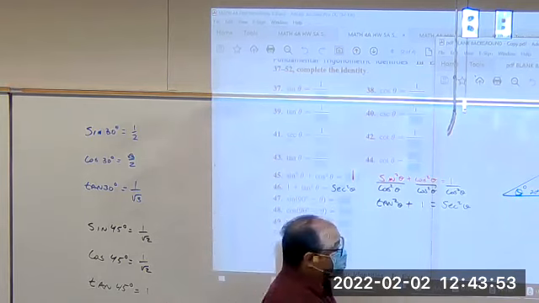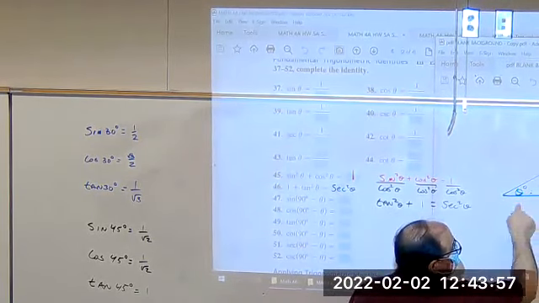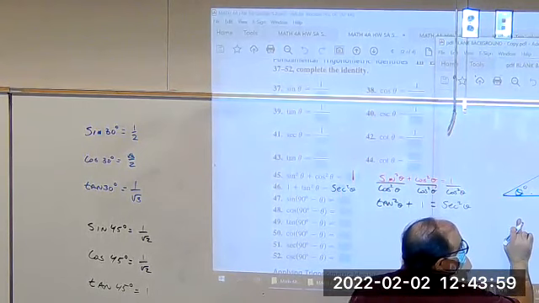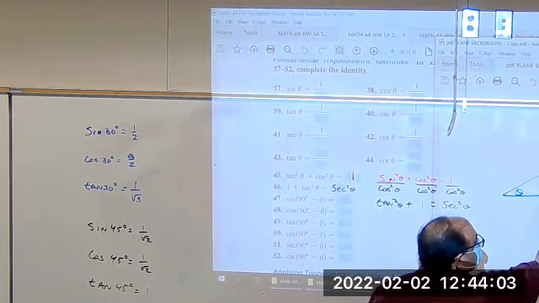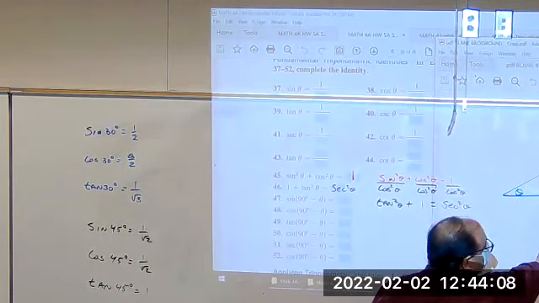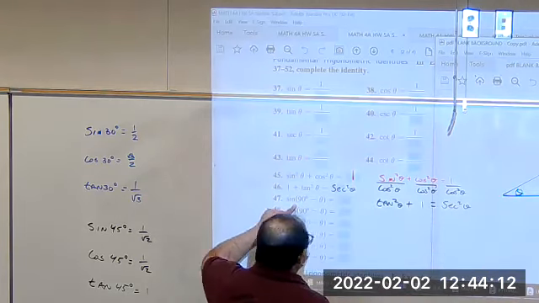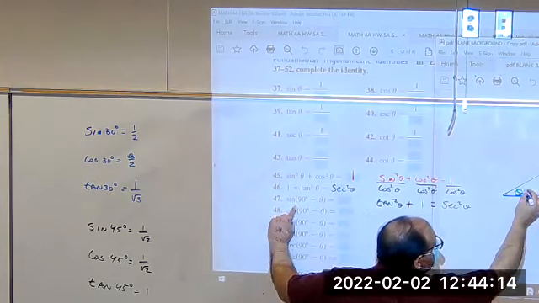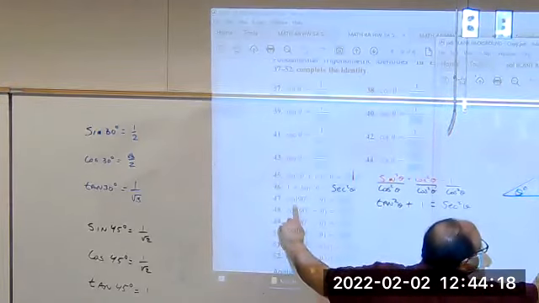Okay? So if this one is theta, that's 90 minus theta in degrees. If it's in radians, then it's obviously pi over 2 minus theta. So what they're asking right here, if you have degrees, this is 90 minus theta in degrees.